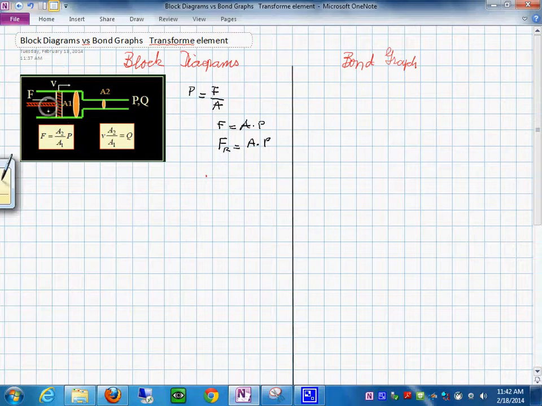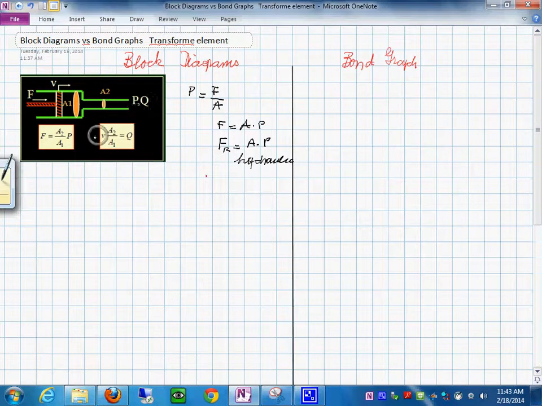This is the hydraulic side, and this is the mechanical side, where the variables are force and velocity, and in the other one they are pressure and volume flow rate. So it follows that the force times the velocity has to equal the pressure times the volume flow rate.